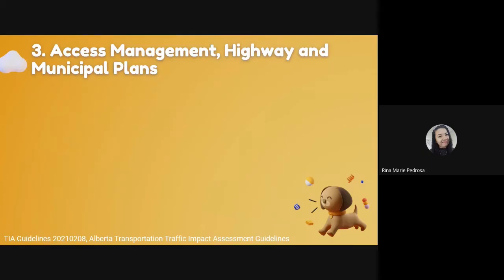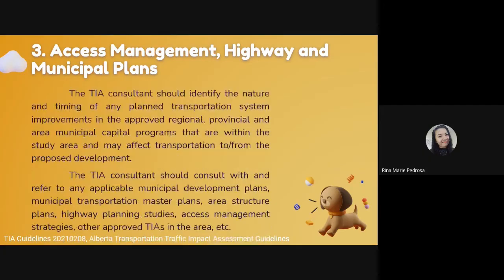Next will be the access management, highway, and municipal plans. So the TIA consultant should identify the nature and timing of any planned transportation system improvements in the approved regional, provincial, and area municipal capital programs that are within the study area and may affect transportation to or from the proposed development.